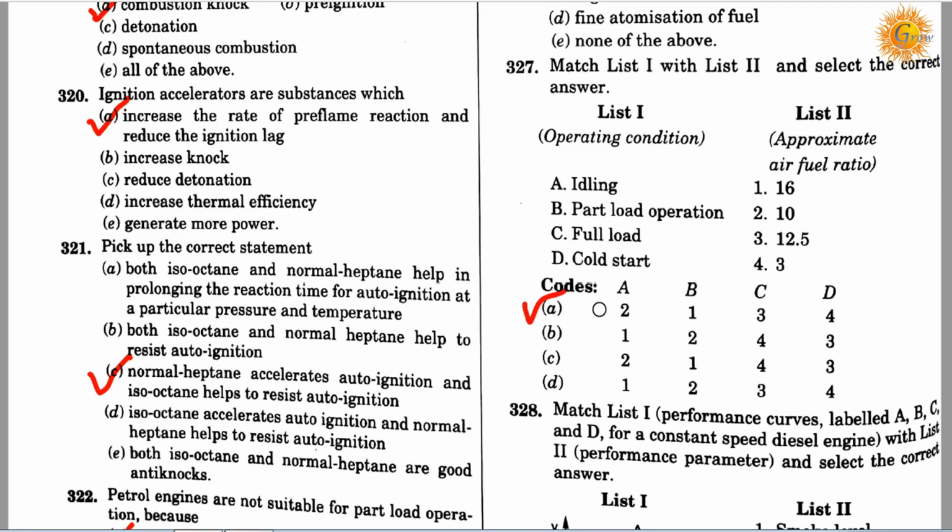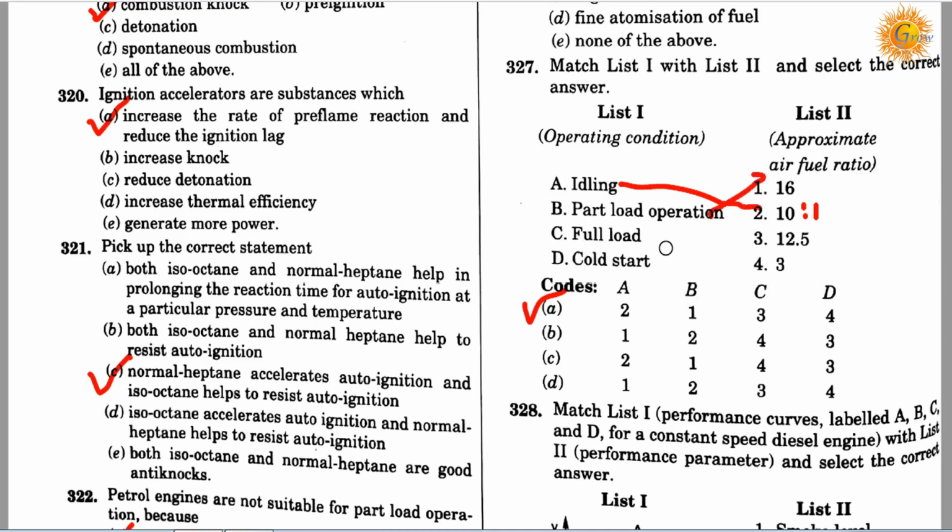According to A, in the idling condition the approximate air fuel ratio will be 10:1. In part load operation, the approximate air fuel ratio will be 16:1.